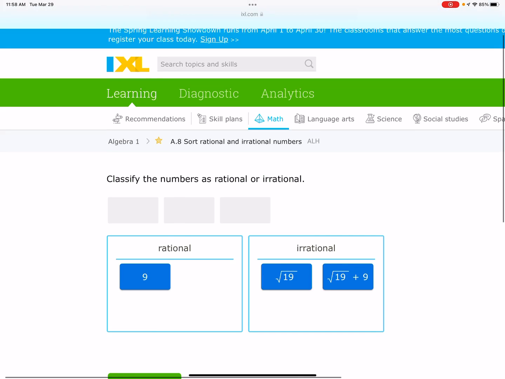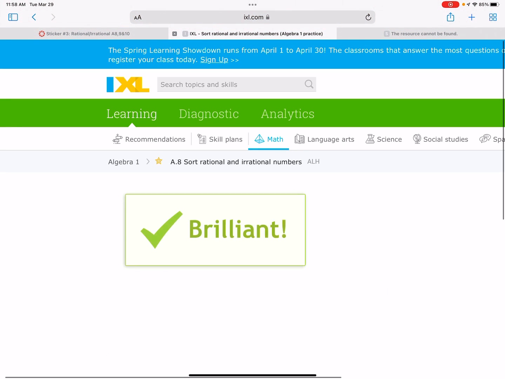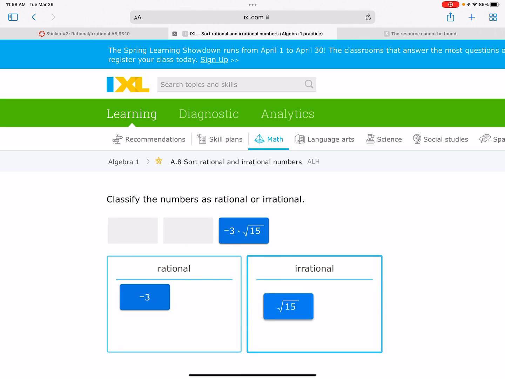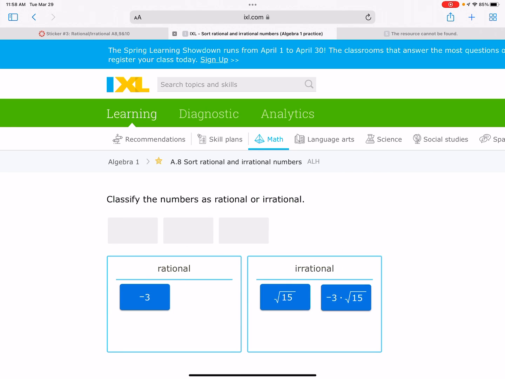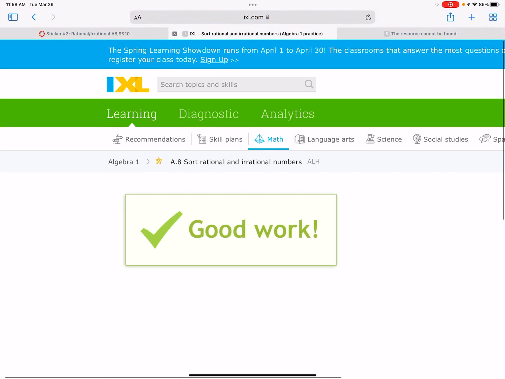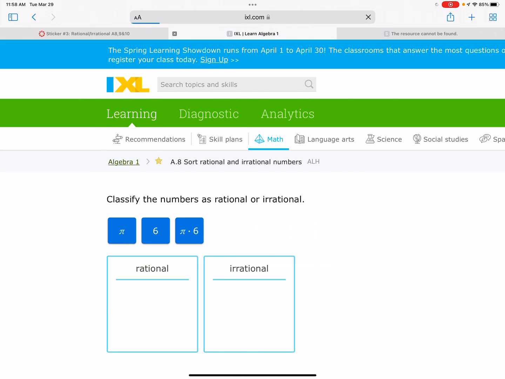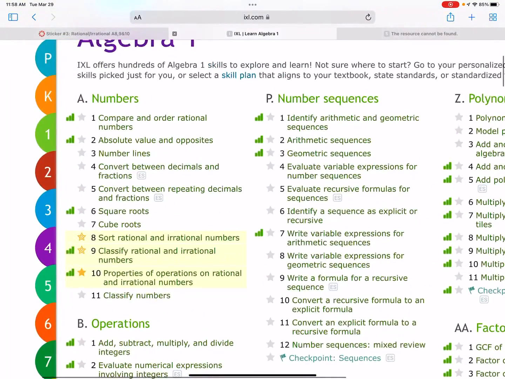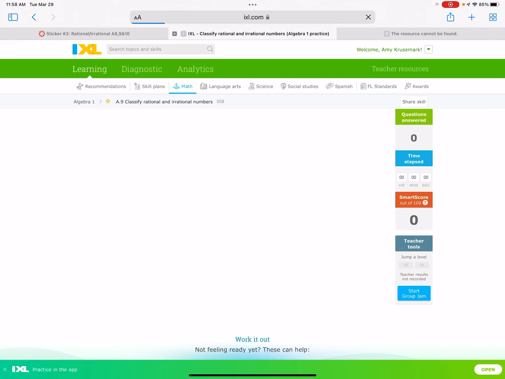All right, but the number 9 is a rational number. So again, don't go on forever with this, but this is a big, ugly decimal. So when I multiply big, ugly decimals, I get big, ugly numbers. All right, so let's take a little bit to look at 9 and 10, classify, and then operations.